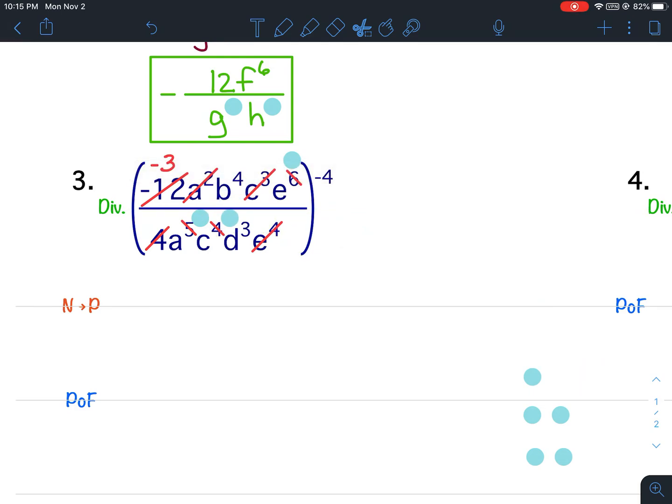Okay, now that we divide, we always rewrite. So in the numerator, I have negative 3, b to the fourth, and e to whatever you found that to be.